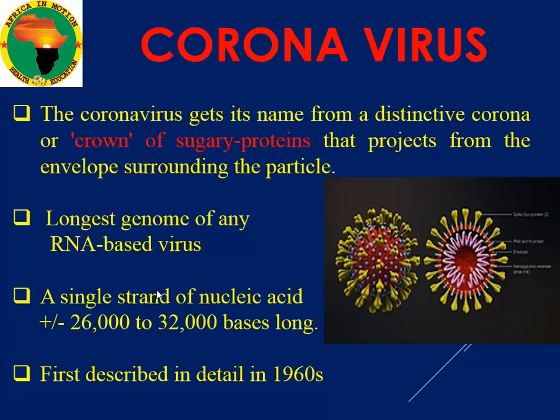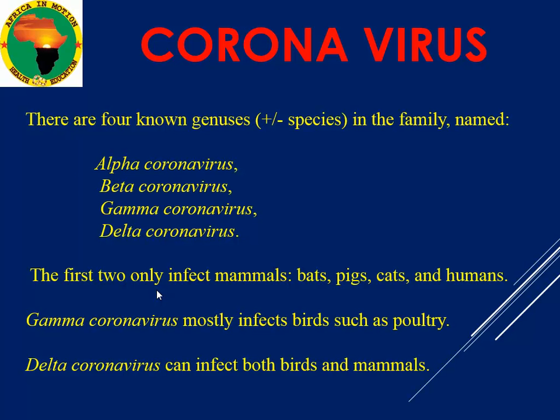It was first described in the 1960s. That's the time it was described. There are 4 main known genera, if you may call them species, in the family of coronavirus. They are alpha, beta, gamma, and delta coronavirus.